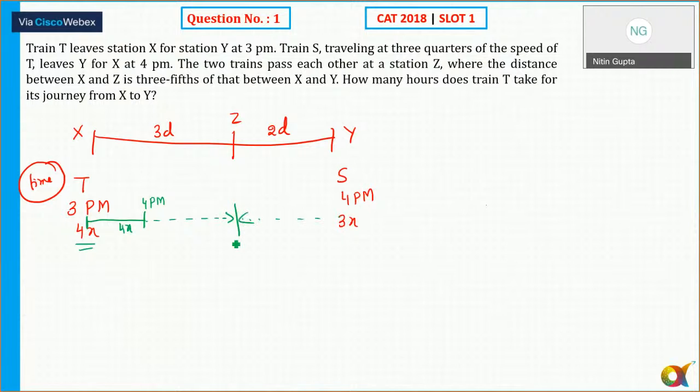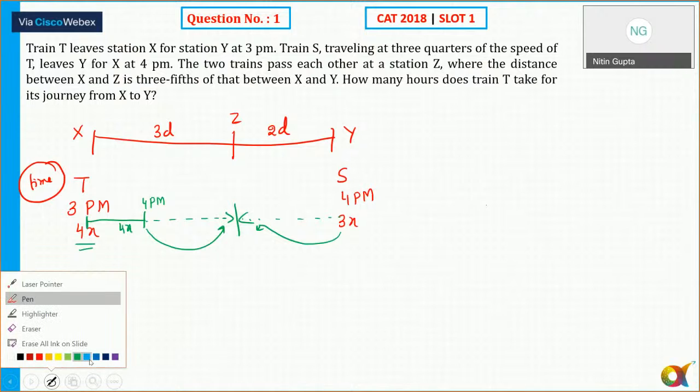After 4 p.m., the time is constant for both of them. The train T moves from here to here and the train S moves from here to here, and they meet each other. If the time is constant, the ratio of speeds is equal to the ratio of distances. The ratio of speeds is 4:3.